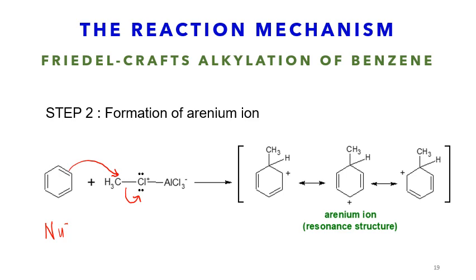This destabilizes the benzene ring. Since the benzene ring consists of a pi system that is able to delocalize in the ring, the pi electron will be delocalized in the ring to stabilize the arenium ion. This structure is called a resonance structure.